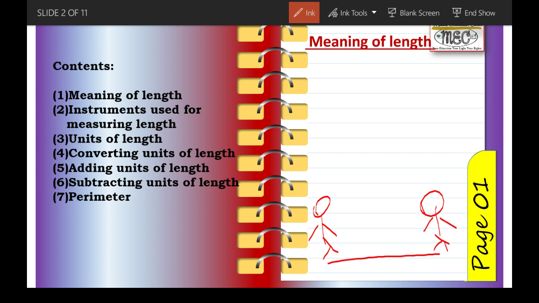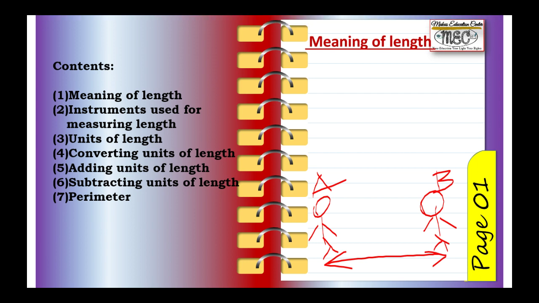The length is the distance between the first person and the second one. The length is the distance. How long is the person A to person B? What is the distance between the first person and the second person? So that distance that we are talking about here is what you call the length.